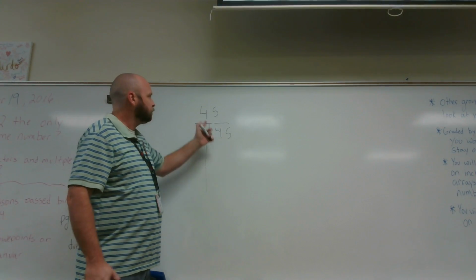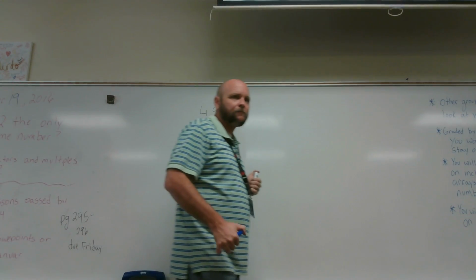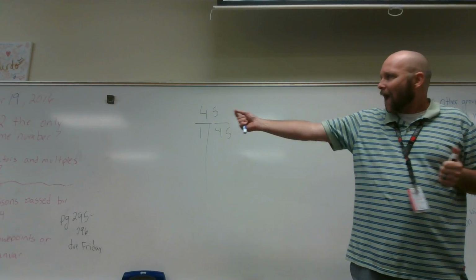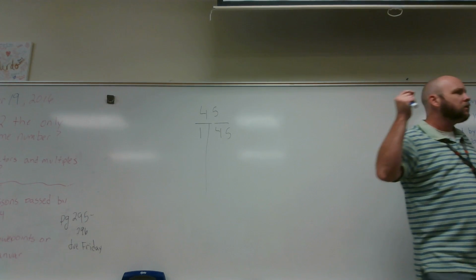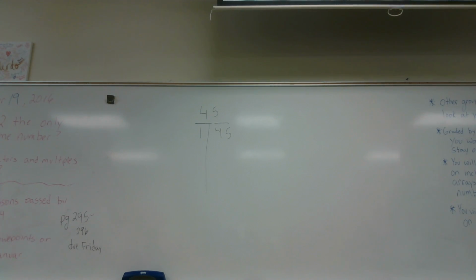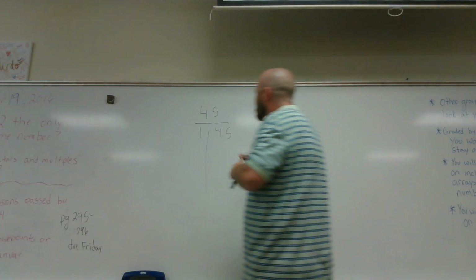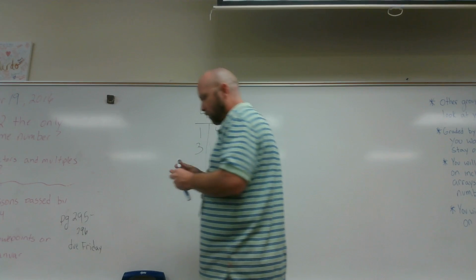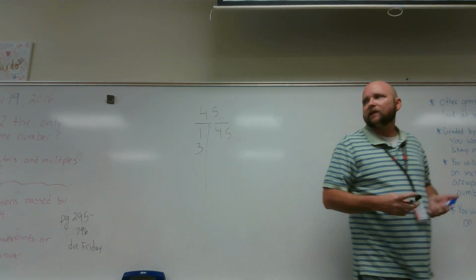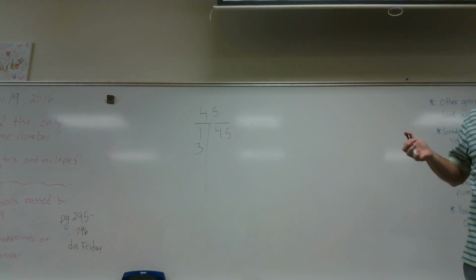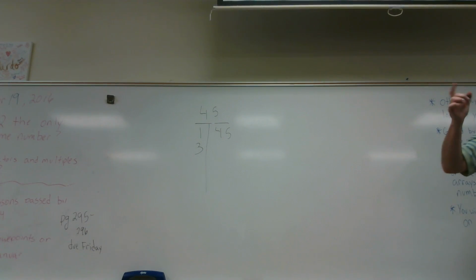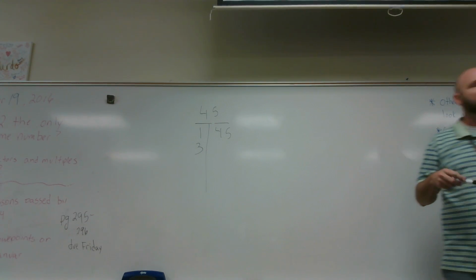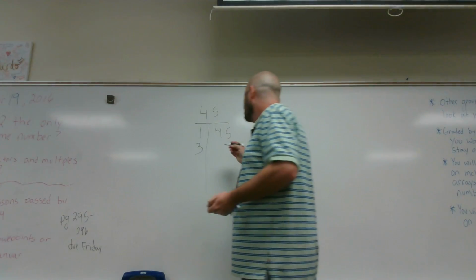Good. Because 4 plus 5 is 9. We're just adding the digits together. Is 9 a multiple of 3? Yes, 3, 6, 9. That means this number is divisible by 3. Anybody know how many times 3 goes into 45? Anton? 15. Thank you, Anton.